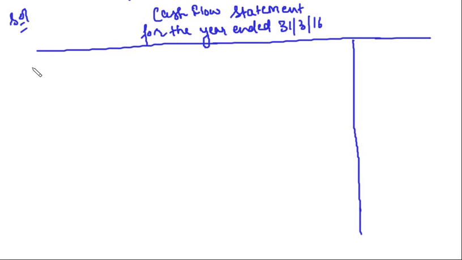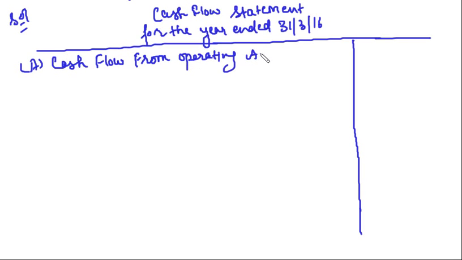Now, we'll start with operating activities. I'll say cash flow from operating activities, right? Now, you know the format of cash flow from operating activities. What is the first thing that you need?